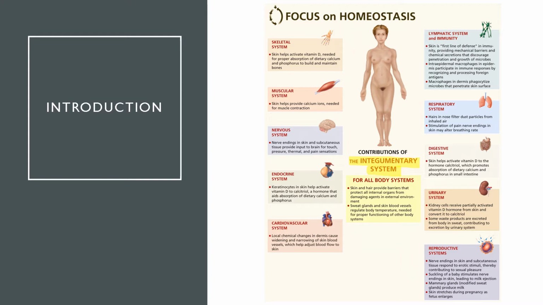So in this diagram, we can kind of see how the integumentary system contributes to each other body system. So in the skeletal system here, we can see that calcitriol, that active form of vitamin D, helps to absorb calcium and phosphorus, which is needed to build and maintain bones. In the muscular system, we're also going to help absorb those calcium ions needed for muscle contraction.